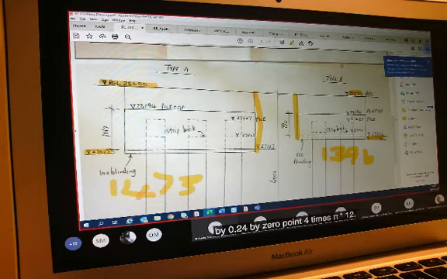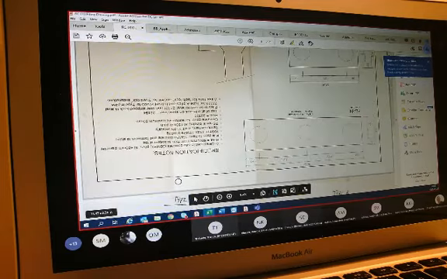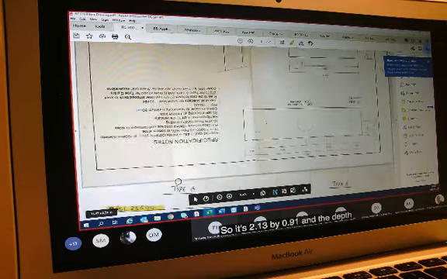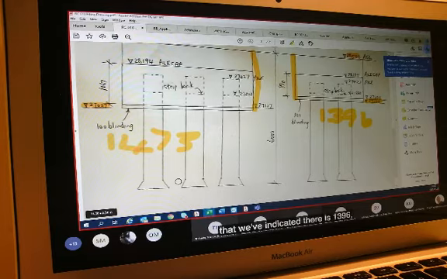Yeah. So what we deduct there is 0.24 by 0.24 by 0.4 times pi times 12, because there's 12 of those. And we also add, when looking at the sizes of the pile cap type B that needs to be deducted, we have those sizes as 2.134 by 0.914.